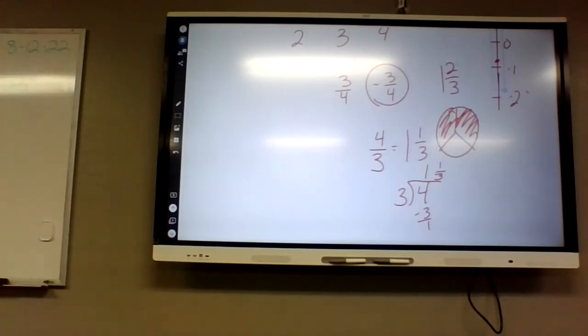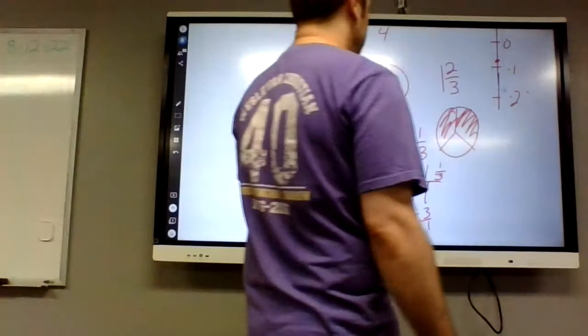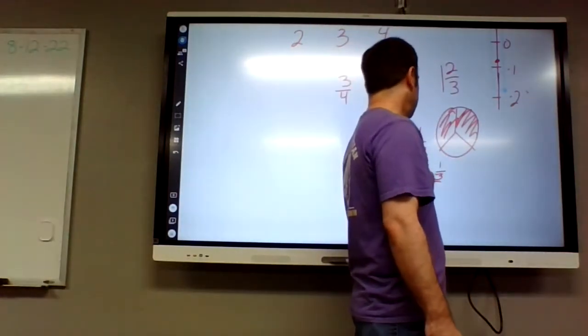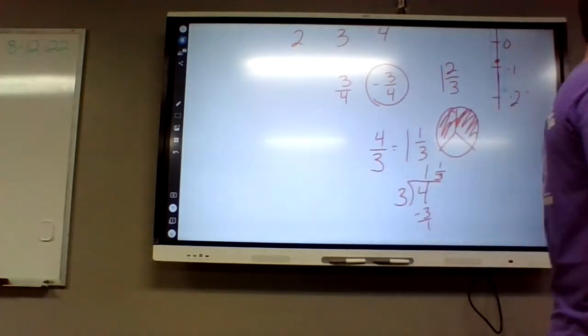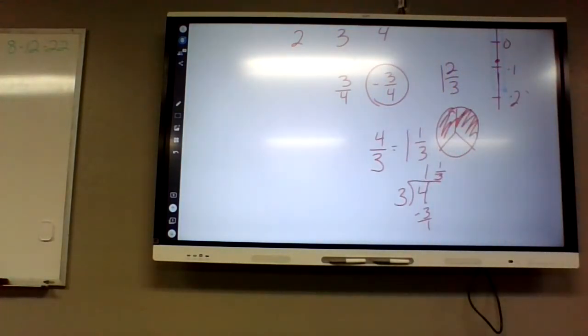Okay. What I want to do is, let's try and change that on your calculator to a mixed number. So, let's start with the Texas Instruments again. So on this one, the ABC is a mixed number. Oh, hold on.